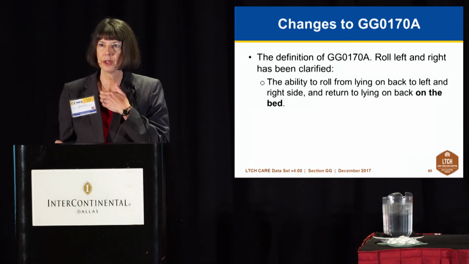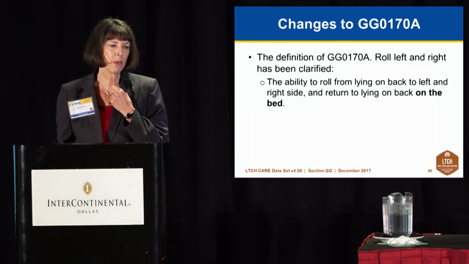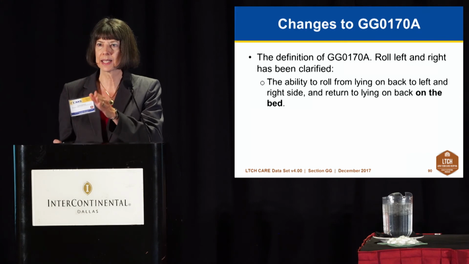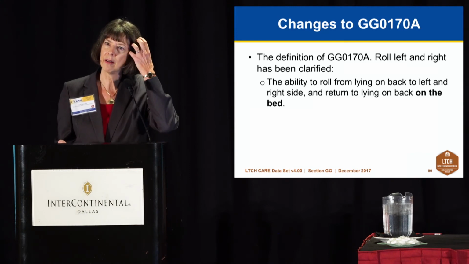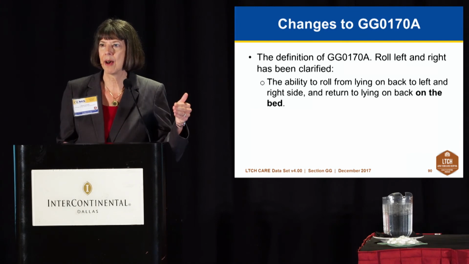So we wanted to ensure that you are clear that the ability to roll from lying on back to left and right side and returning to the back, those are all different tasks that you have to look at and combine when making that decision as to what the level of assistance needed is. And those all have to happen on the bed.